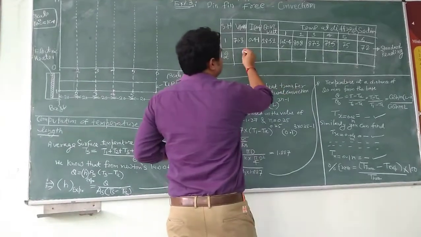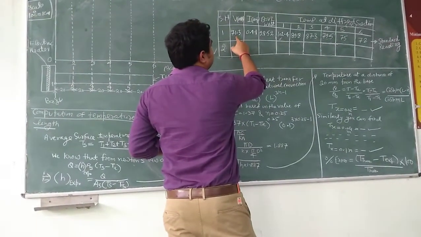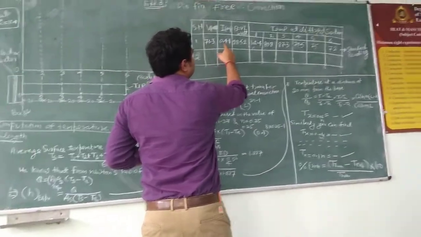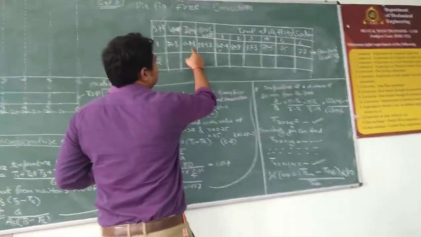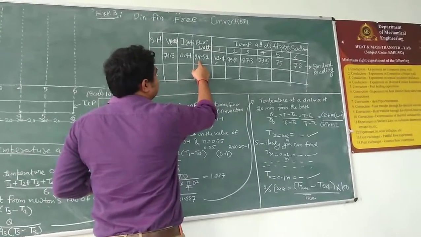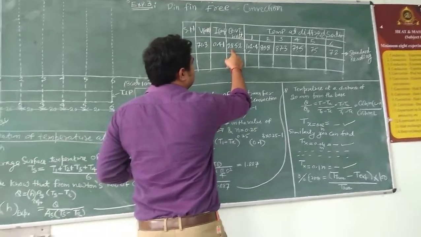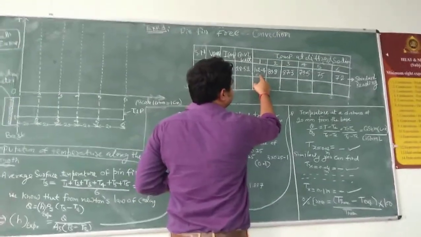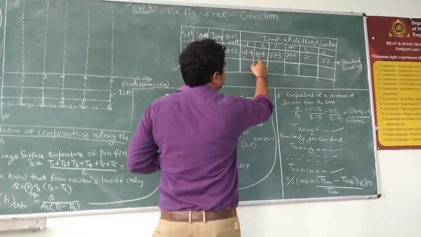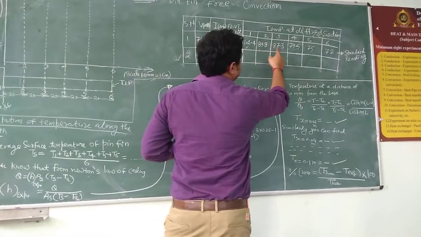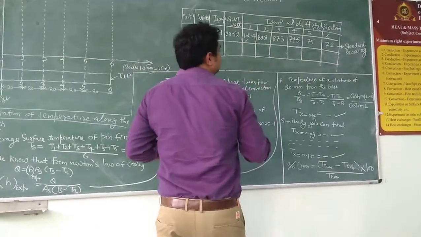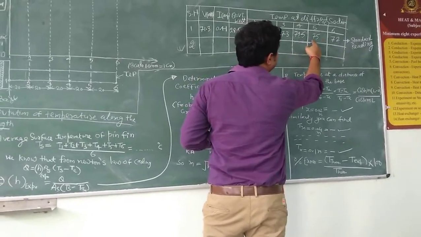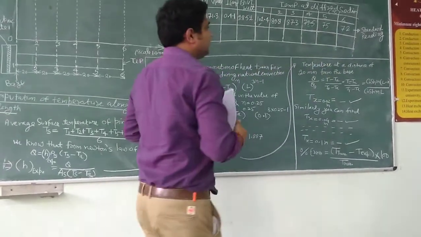The standard reading: the voltage is 71.3 volt, the current is 0.41 ampere, and the heat input comes out to be 28.52. The temperatures are T1 is 102.4, T2 is 89.8, T3 is 87.3, T4 is 79.5, T5 is 75, and T6 is 72.